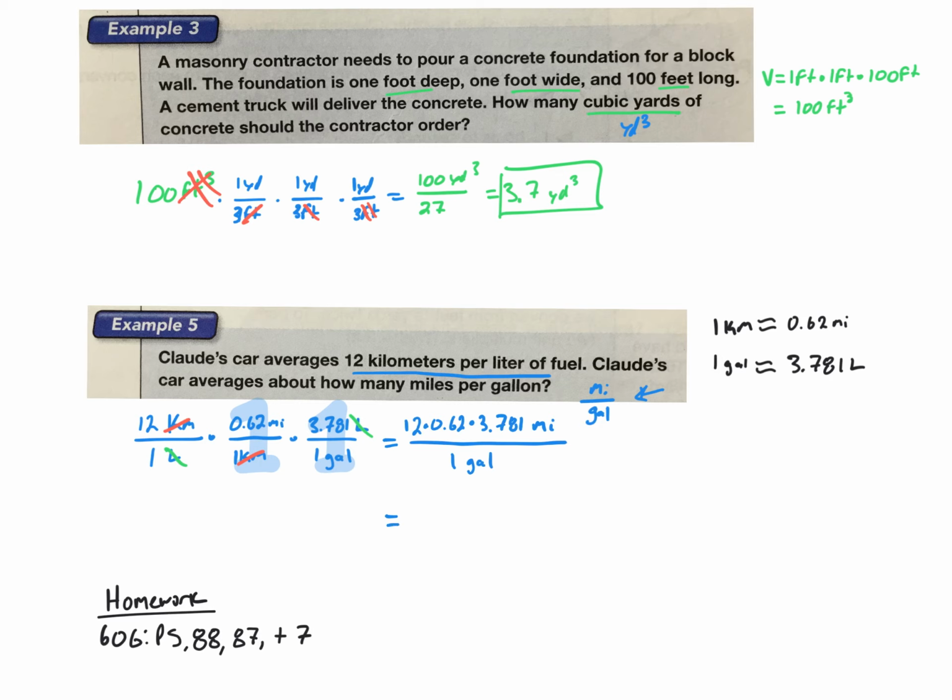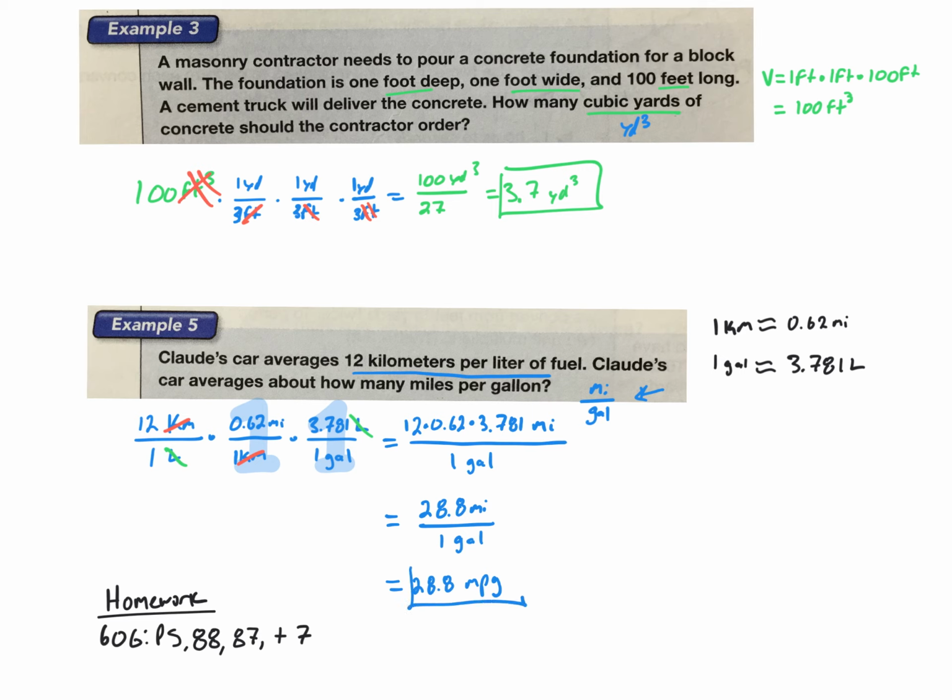And I find out that it comes to be 28.80024, so that's probably good, miles per 1 gallon. Or maybe an easier way to write that would be 28.8 miles per gallon, MPG.